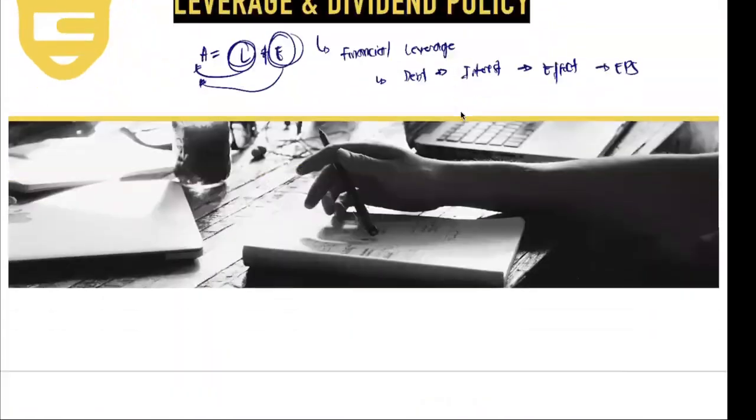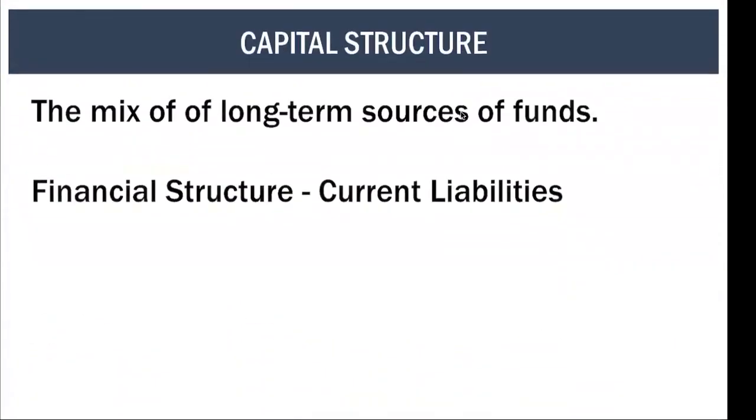So let's start by having a review of our capital structure. As we said before, your assets or your capital consist of different long-term sources of funds. When we talk about financial structure, it is more of current liabilities. If we are talking about capital structure, it is your long-term sources of funds per financial management.